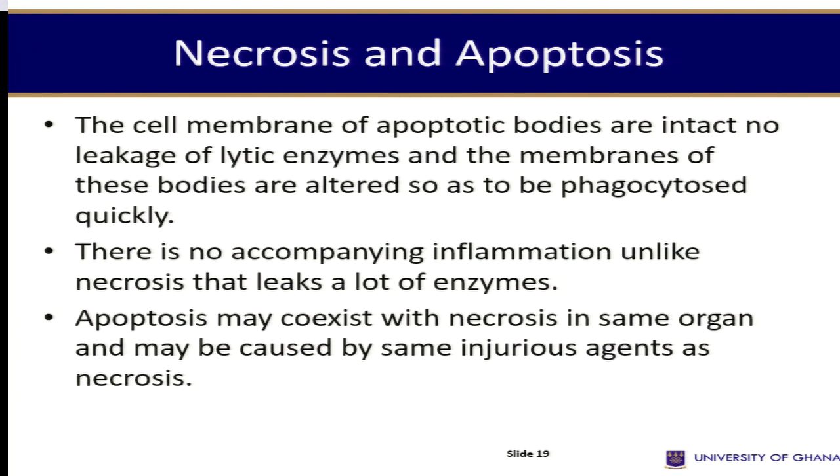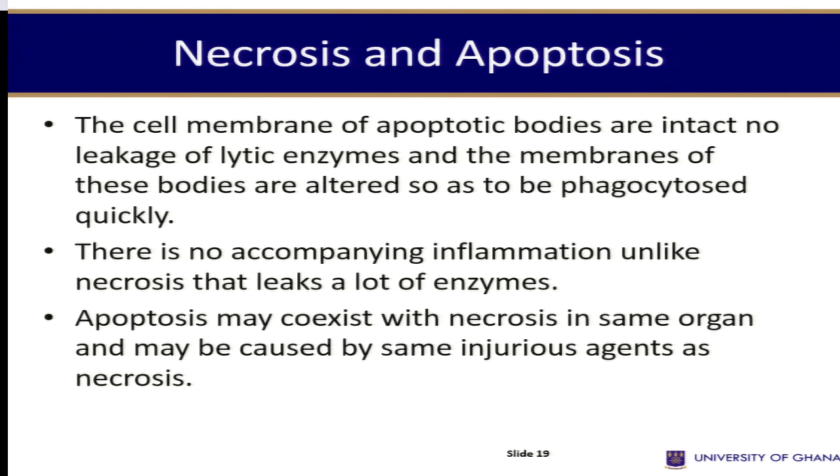The cell membrane of an apoptotic body is intact and they don't allow lytic enzymes to escape. They are also phagocytosed quickly because the membranes are altered and tagged to make phagocytosis easy.